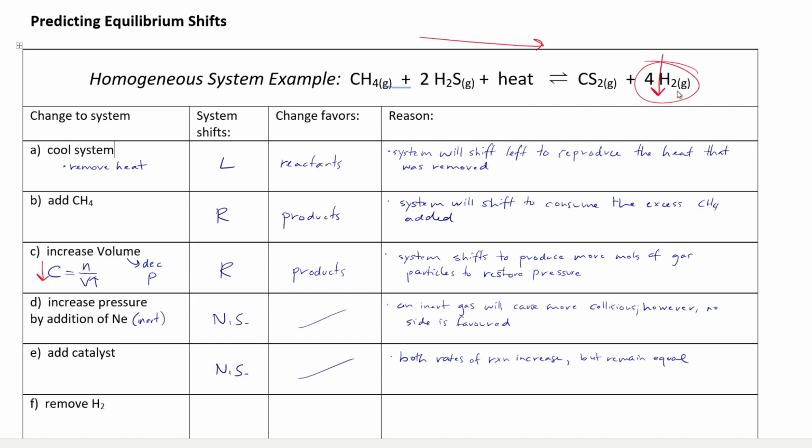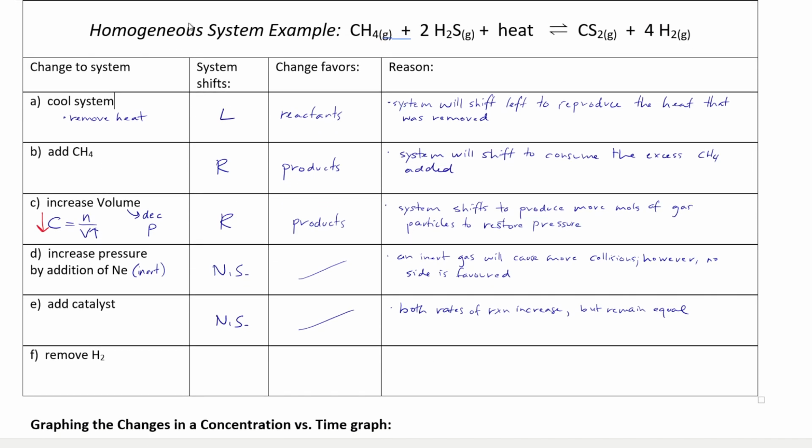If we remove H2 gas, then the reverse reaction slows down and the forward reaction, relative to the reverse reaction, seems to speed up. So if you remove H2 gas, the system will shift right to favor the products.